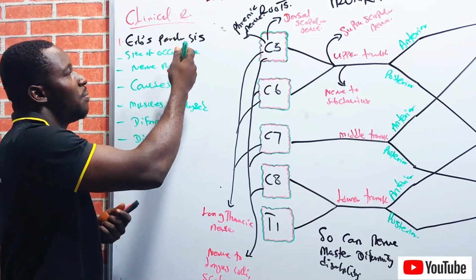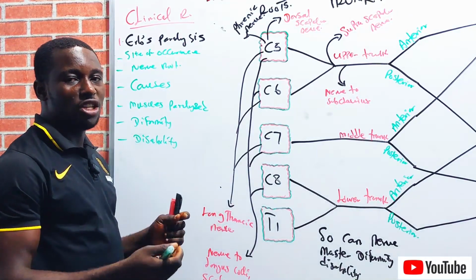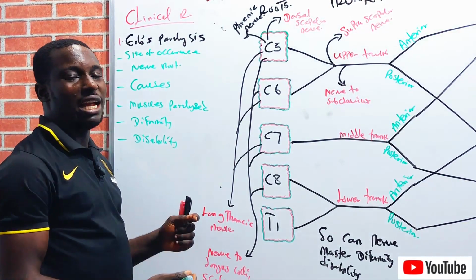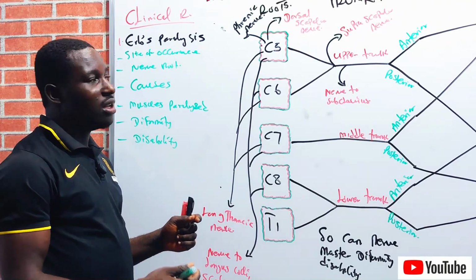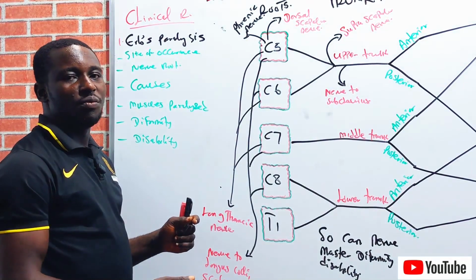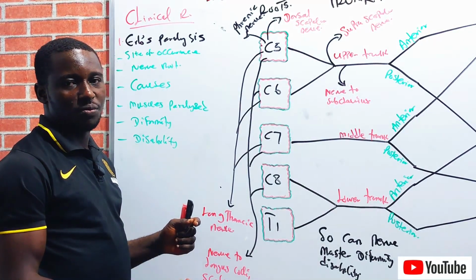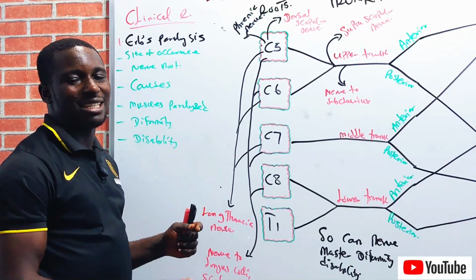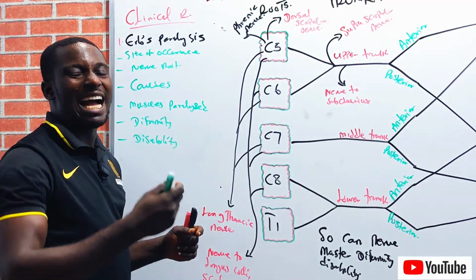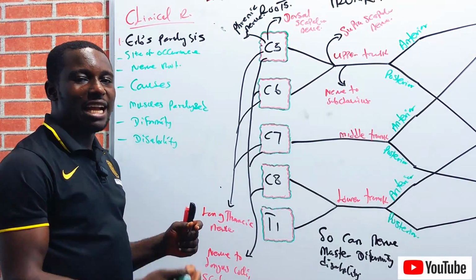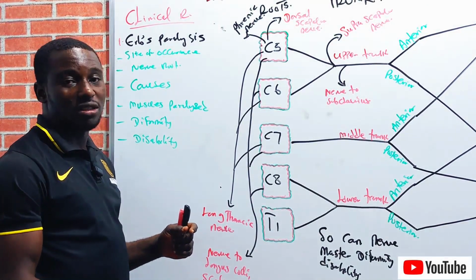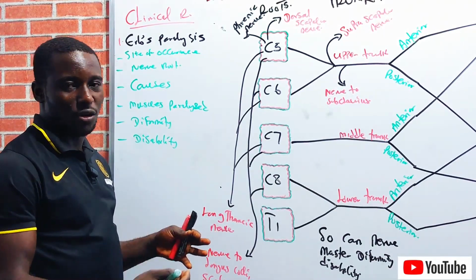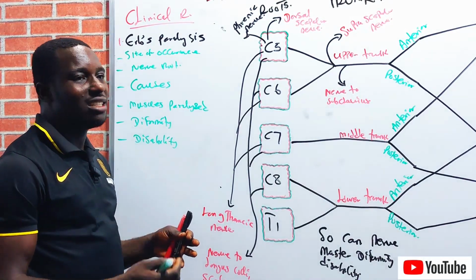Now, what is Erb's paralysis? Erb's paralysis simply means damage or lesion of the upper trunk of the brachial plexus where the fifth and sixth nerves meet. Erb's paralysis can be called the upper brachial plexus injury, which occurs as a result of an increase in the angle between the head and the shoulder.